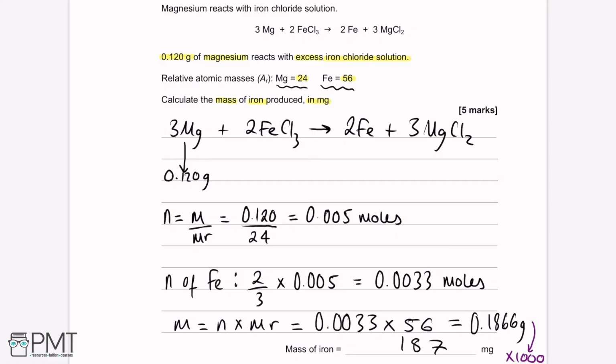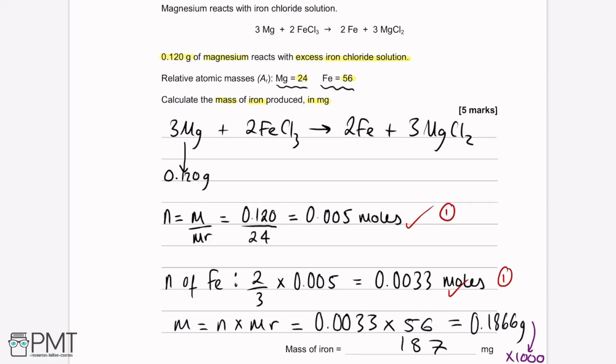And the marks in this question were divided up as follows. You would get 1 mark for calculating the moles of magnesium to be 0.005. You'd get the second mark for applying the molar ratio and working out the moles of iron to be 0.0033.